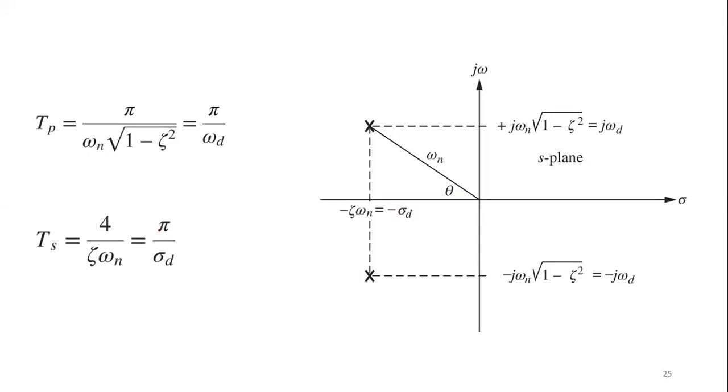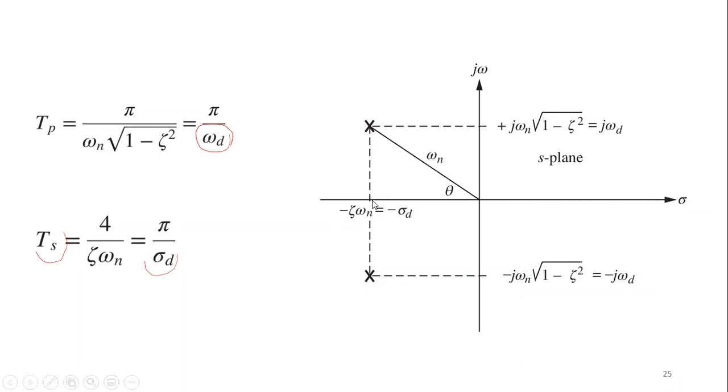Okay, so this one is talking about the peak time and also settling time. TP is peak time and TS is settling time. Look at the s-plane here. TP is pi over the damped natural frequency, and the settling time TS is 4 divided by the real part of the pole.